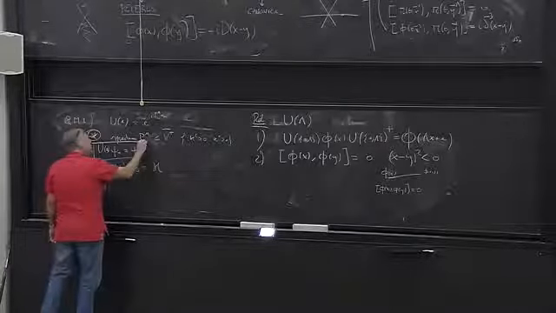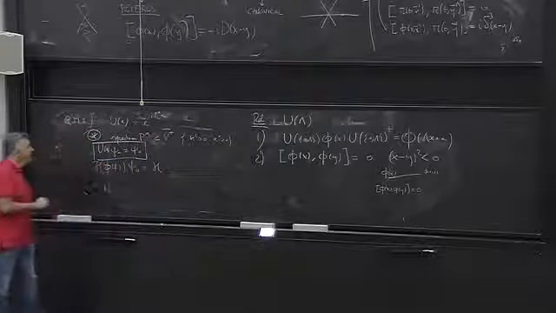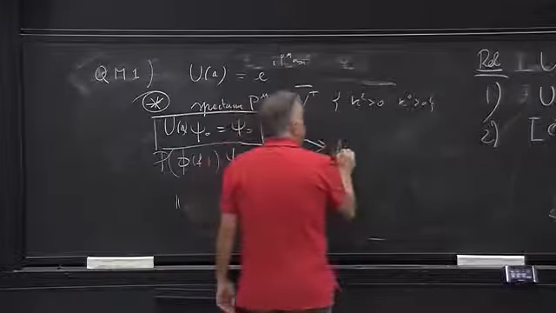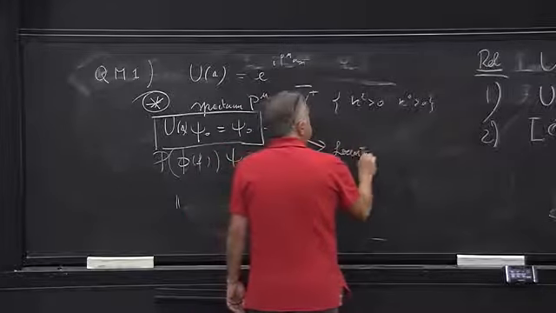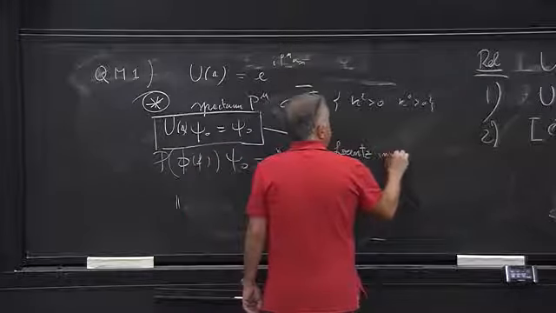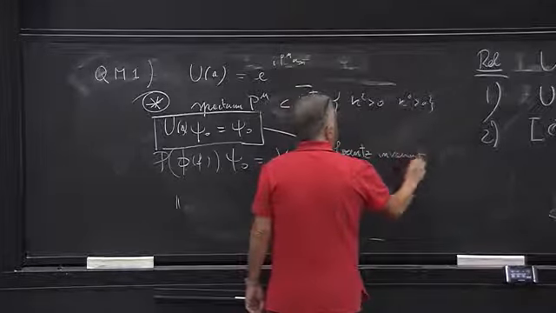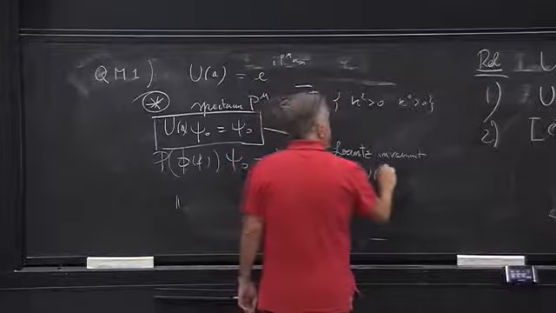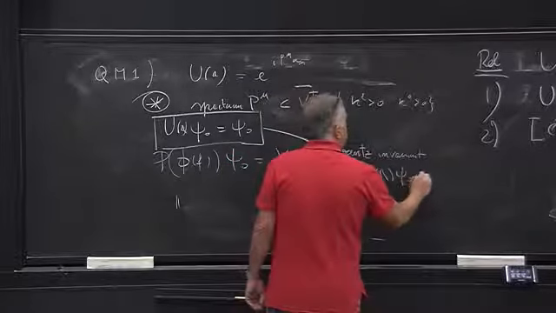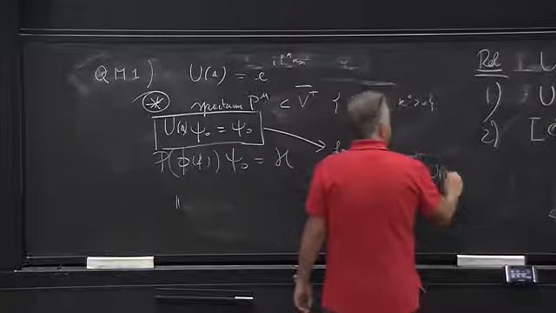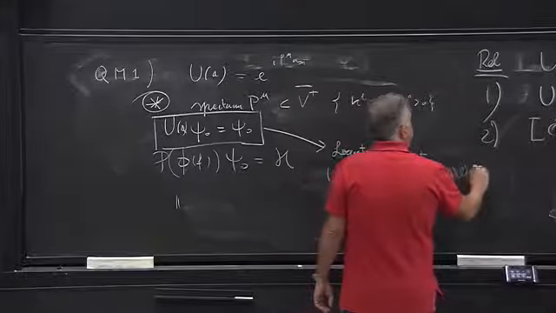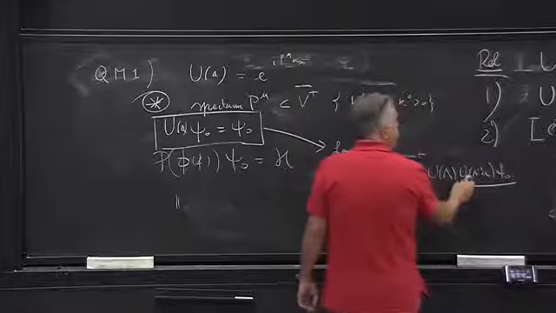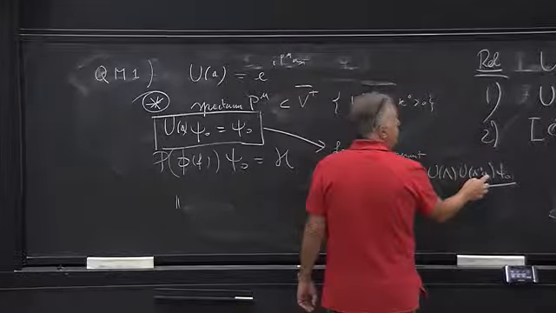The uniqueness of the vacuum immediately implies that the vacuum is also Lorentz invariant. Because if you commute u of a with u of lambda, this is something like u of lambda minus 1 a is 0, and this is invariant, and this is the translation by lambda minus 1 a.